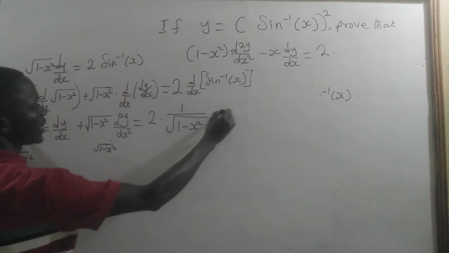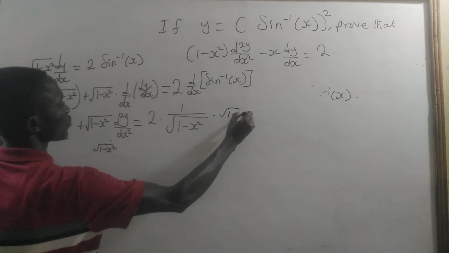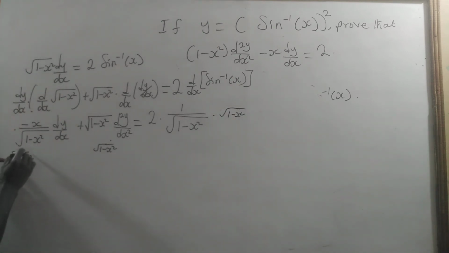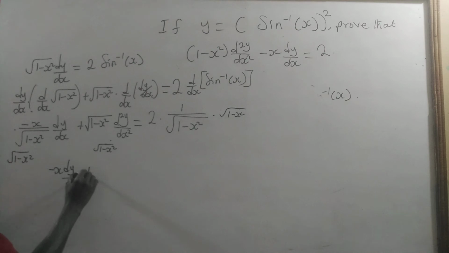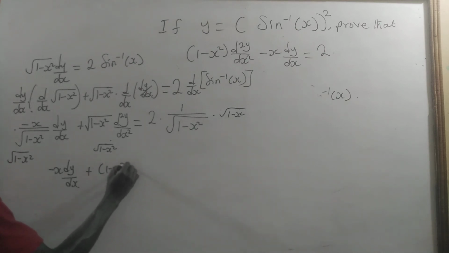And then you multiply here by square root of 1 minus x squared. And here, since you are multiplying, this one will cancel this. So it will be left with minus x times the derivative of y with respect to x. Now, if we are multiplying this, we are going to have plus (1 minus x squared) d²y/dx².